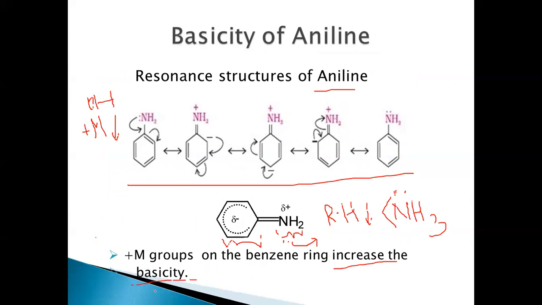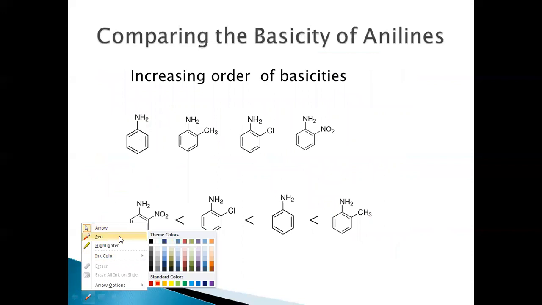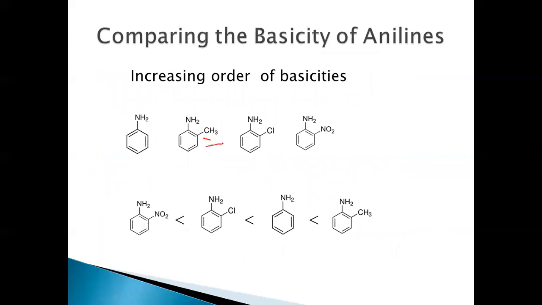This is because, for example, when we see the CH3 group here, this is a plus I group. It will release the electrons into the system, or onto the benzene ring, by means of the plus I effect. So this in turn will increase the electron density on the nitrogen. So this can easily donate the electron pair. As a result, this will increase the basicity.